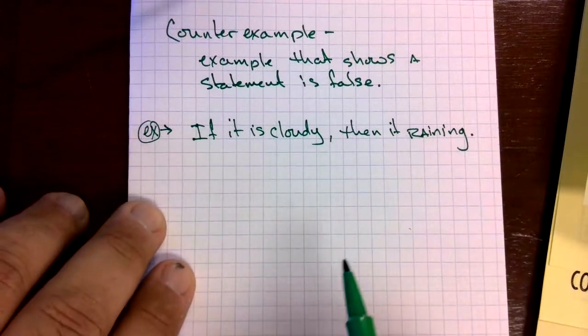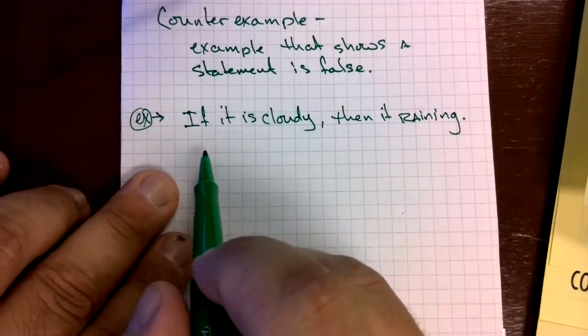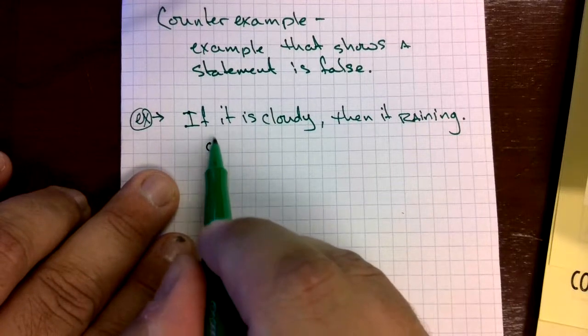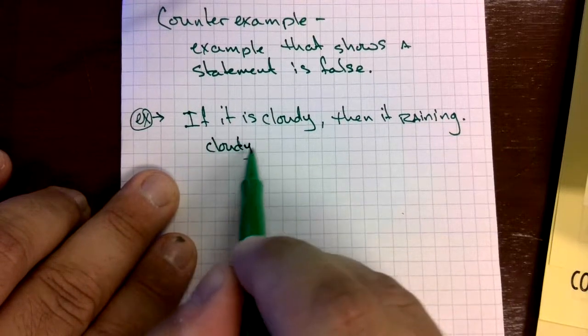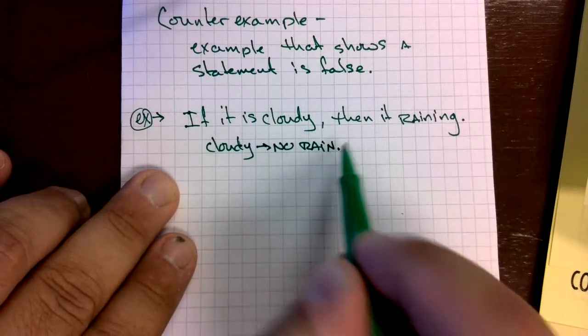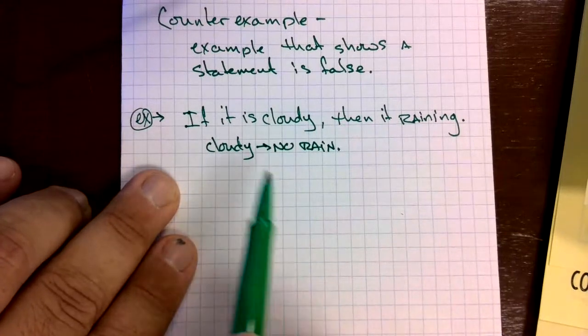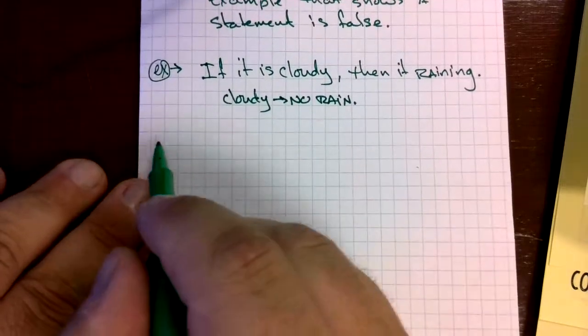Now, you can give me all sorts of examples that we see all the time where it's cloudy and no rain. We see those days all the time. That's a counterexample of saying that statement's false. So this is a counterexample.